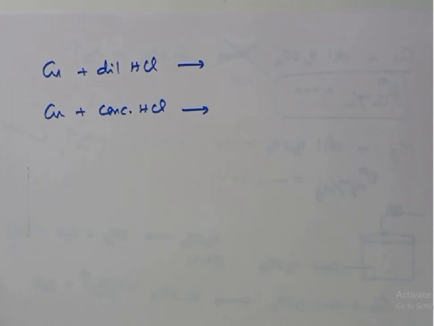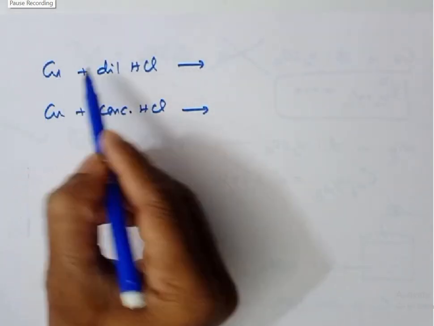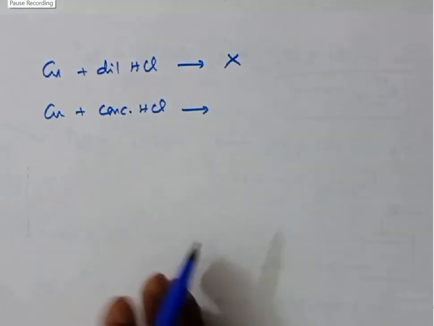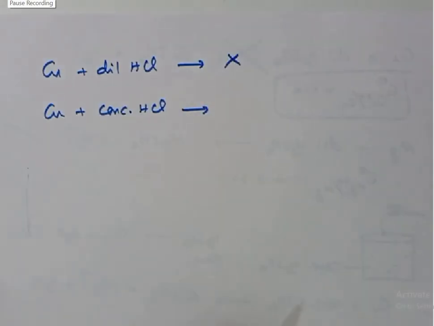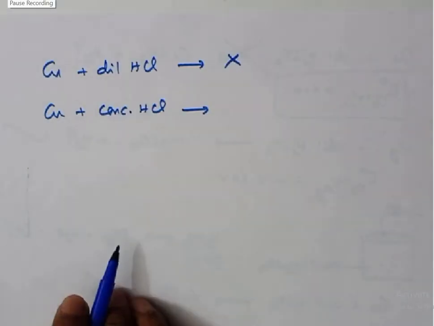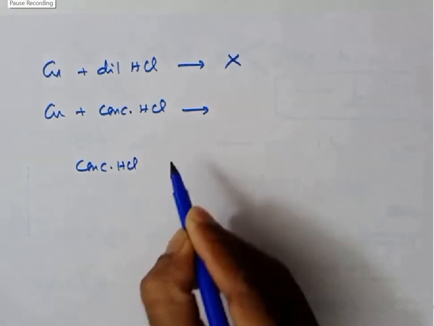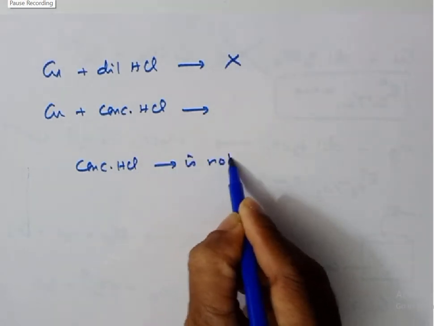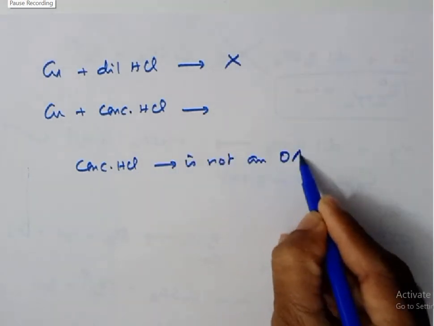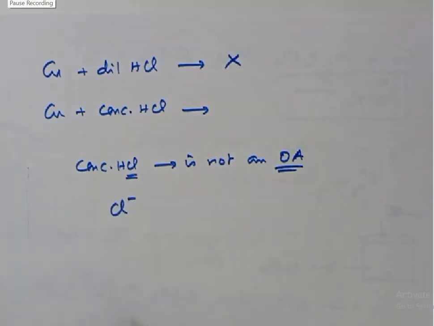The standard reduction potential for copper is positive. Therefore, this reaction does not occur. Copper cannot displace hydrogen gas. And concentrated HCl is not an oxidizing agent. Why? Because here chlorine is in the -1 state.